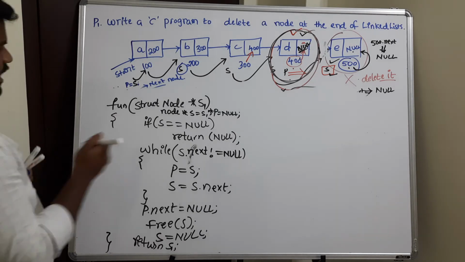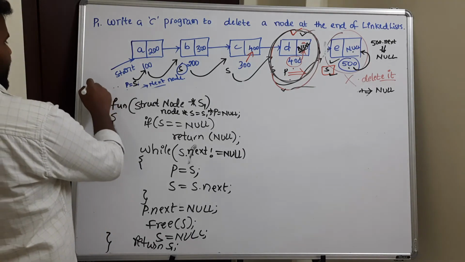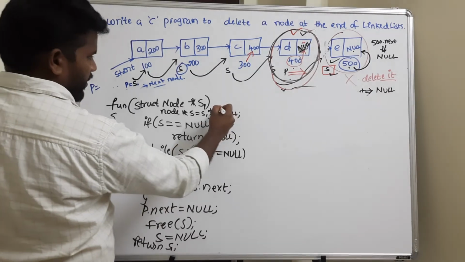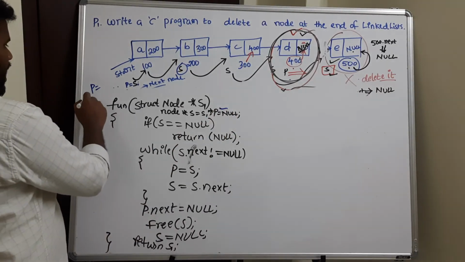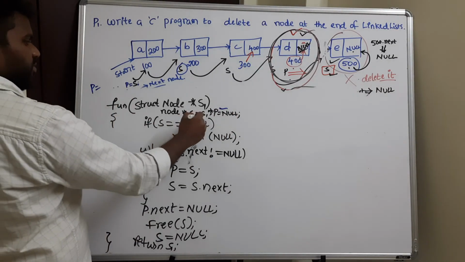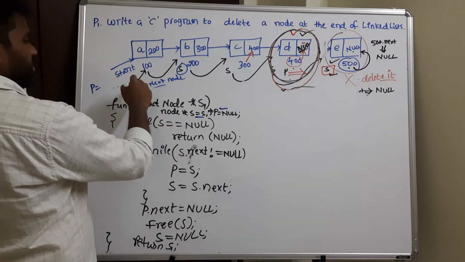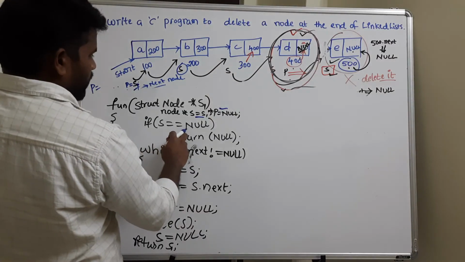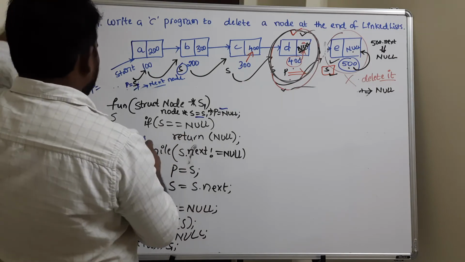So consider that P equal to null, as we discussed. Make sure that P is initialized to null, and S is the starting address. We are assigning the starting address, right? Yes. So here S is not null, so we'll move to next, right?